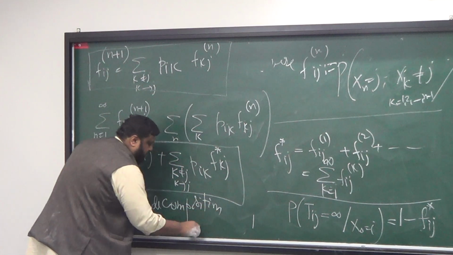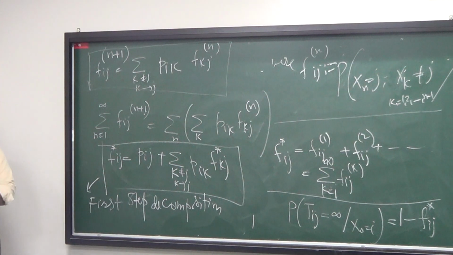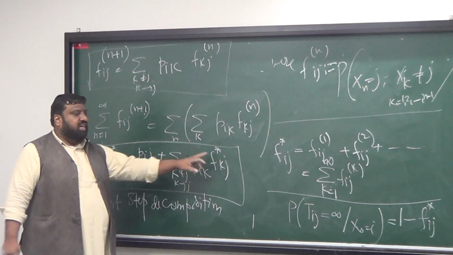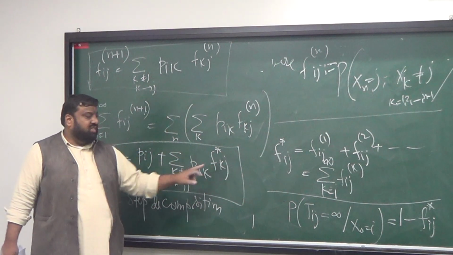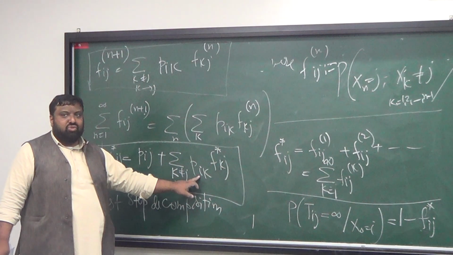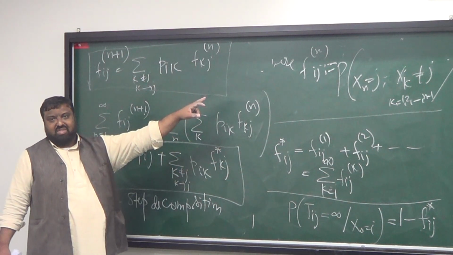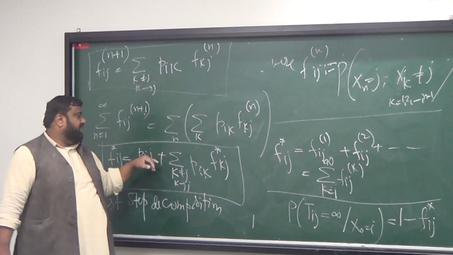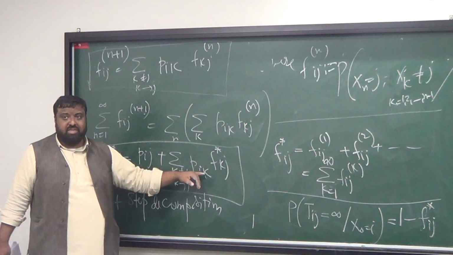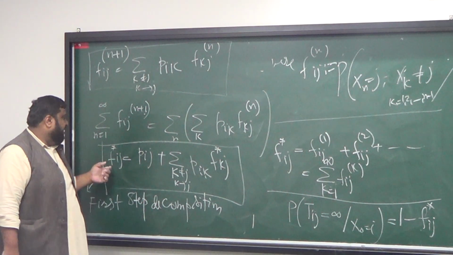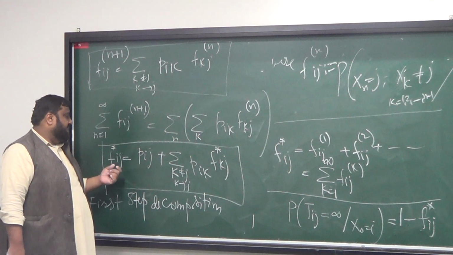So that's a very beautiful equation. Why is it a beautiful equation? Imagine these f stars are something that are unknown to you, while the transition probabilities are known to you from the system.